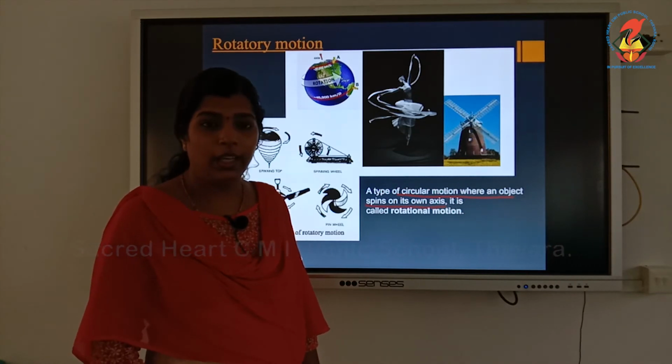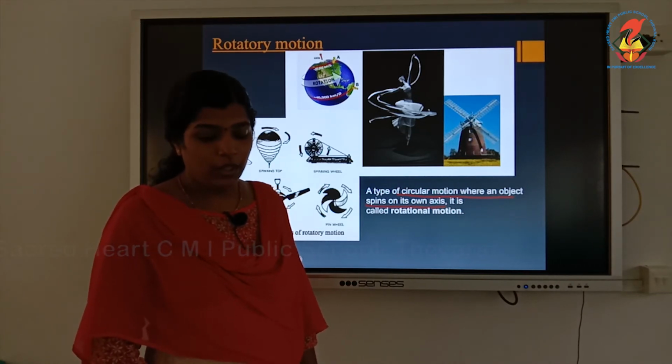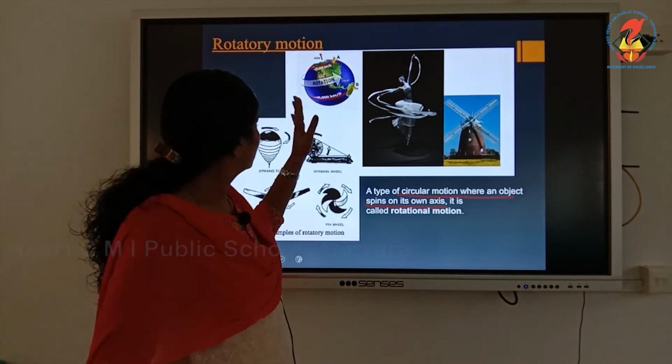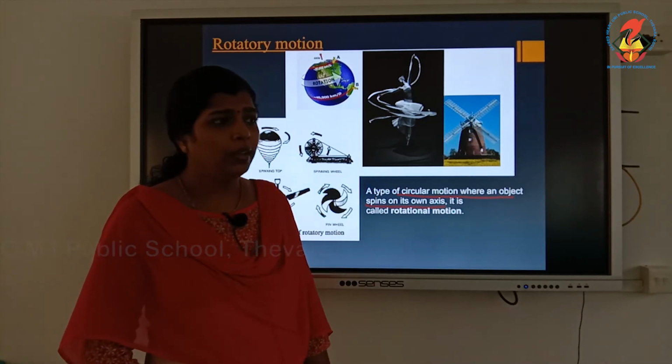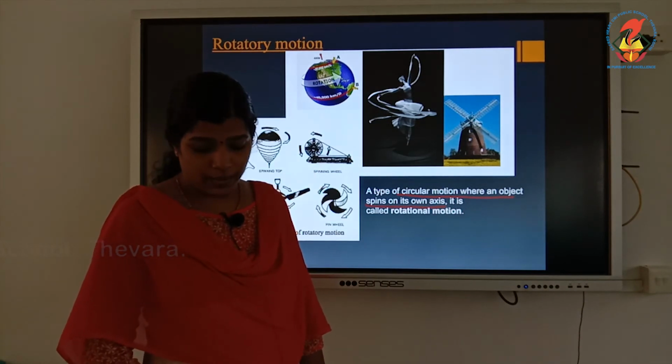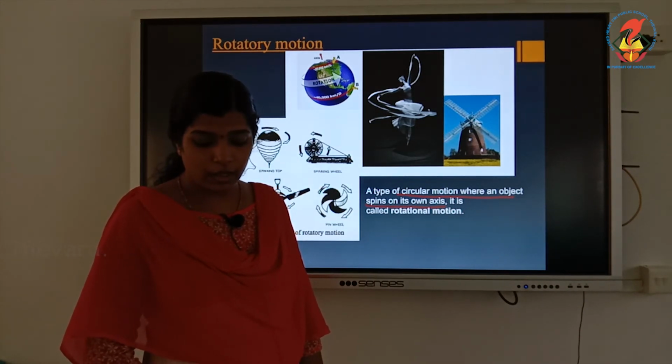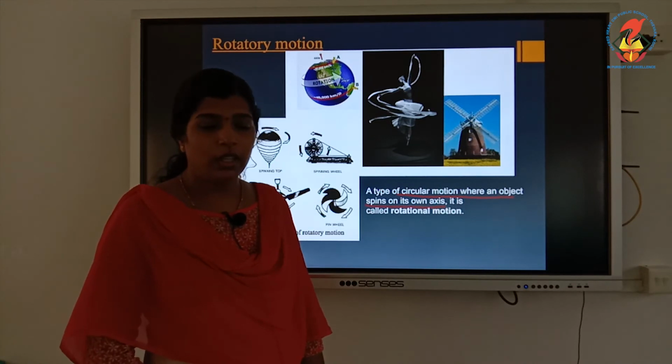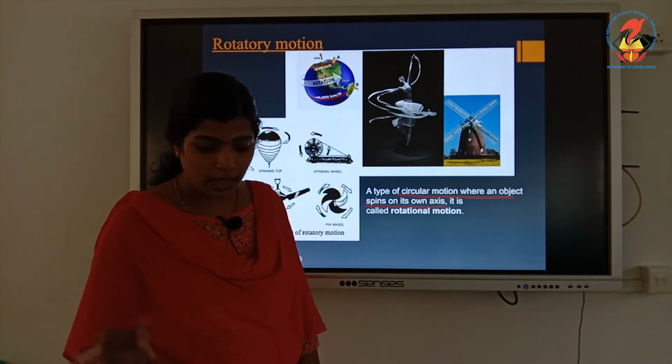moving through different distances in a given time. So, that's about rotatory motion. Then, one more point is there. When an object rotates, the distance from the center of the fan or the center of the clock will remain the same.